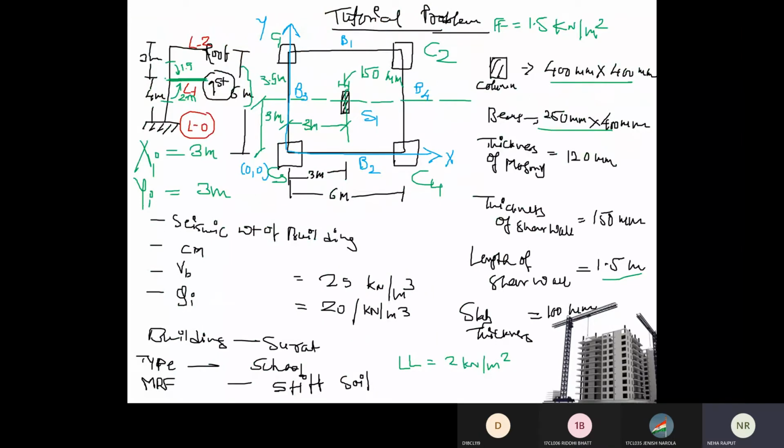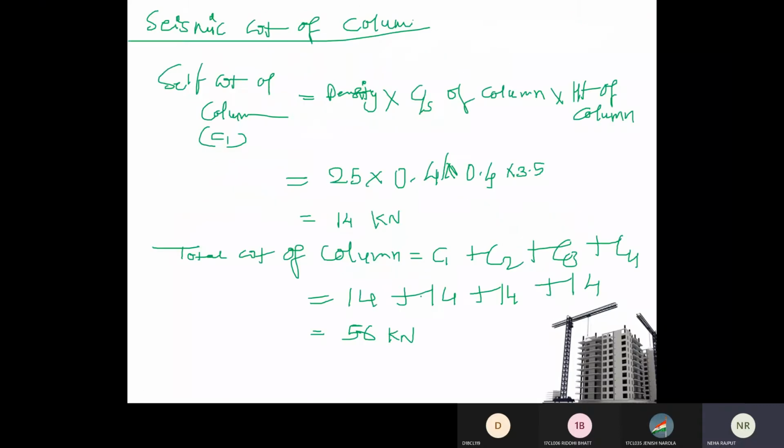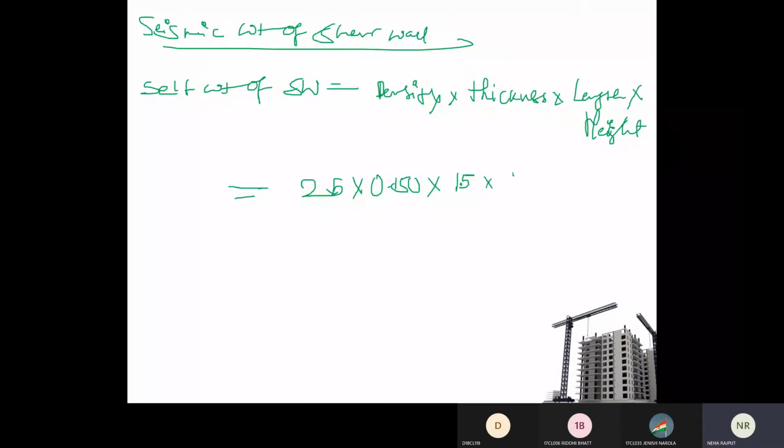Shear wall is also a vertical member, so the height of shear wall and column height both will remain the same. So 3.5 meter. So this will give the self weight of shear wall, 19.68 kilonewton. And this is for a single shear wall. So this is your final answer.